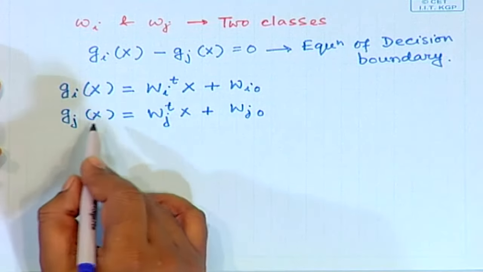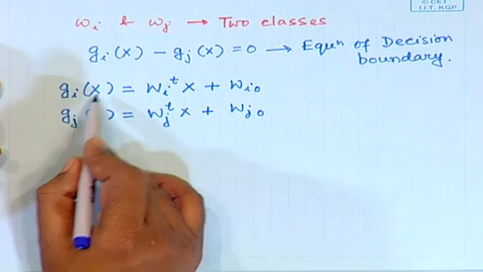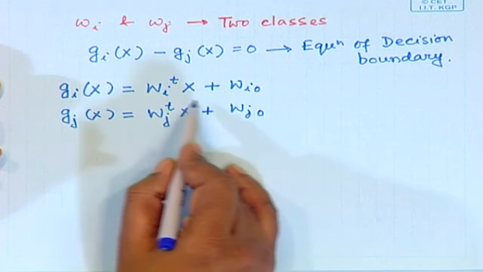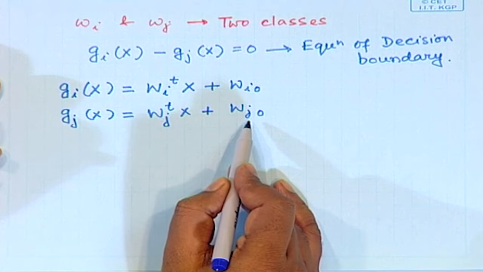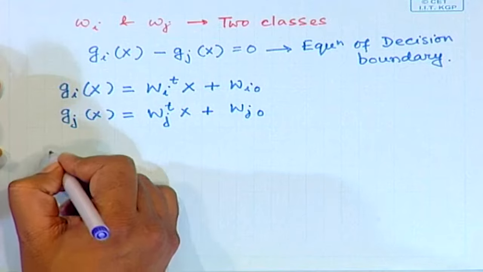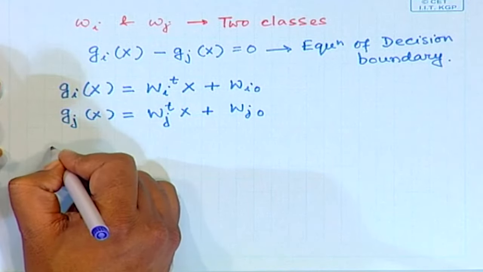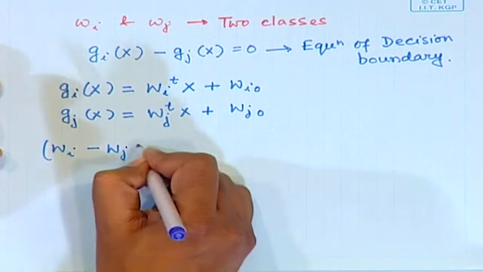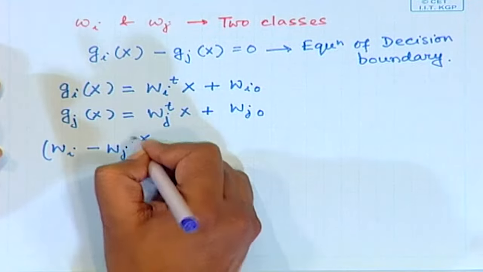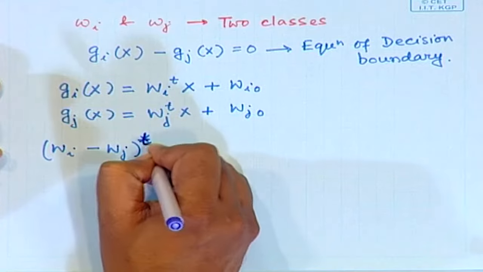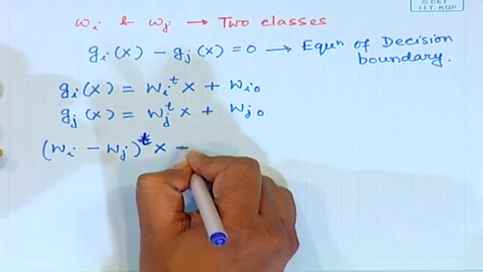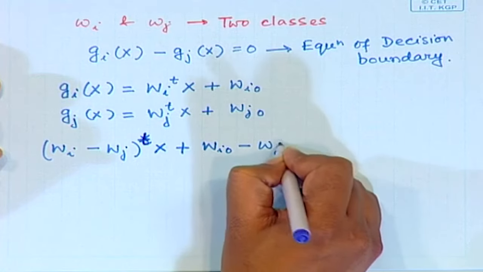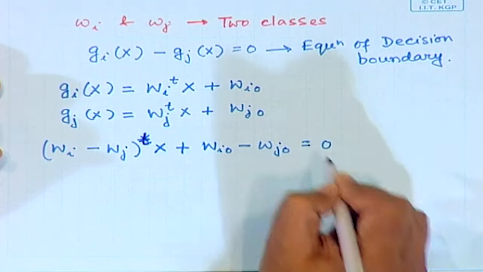So, if I replace Gi(x) and Gj(x) by these, I simply get the equation as (Wi minus Wj) transpose x plus Wi0 minus Wj0 equal to 0.